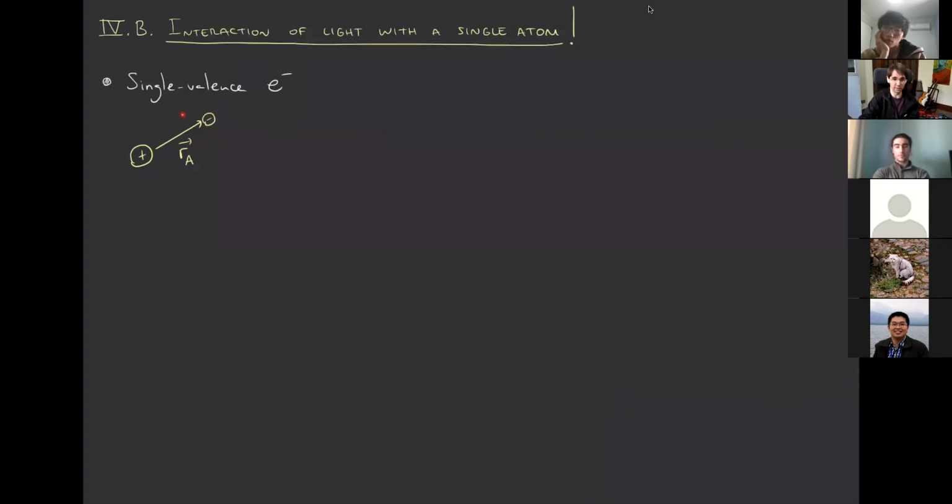So for this material that is a single atom, the normal R would correspond to the center of mass of the atom. This is what in the previous chapter we were just calling R, but here we call it R_A to make this distinction. And then, of course, why do we study this case initially? Because a single valence electron is the perfect example of a single dipole.